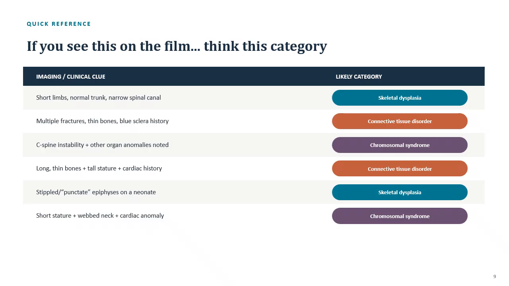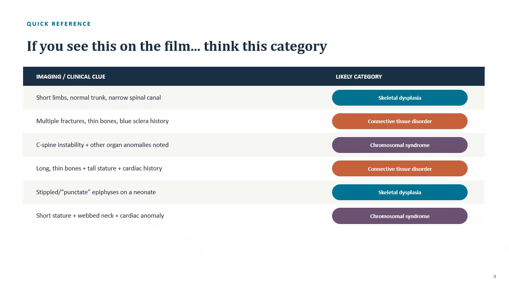If the bones are thin and there are multiple fractures of different ages or different recovery phases, we want to think about a disorder that is going to affect connective tissue and bone strength. If cervical spine instability appears, along with findings in some of our other organ systems, a chromosomal or multisystem syndrome is probably more likely.